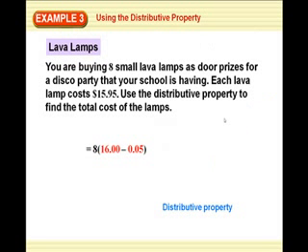Lava lamps. You're buying 8 small lava lamps as door prizes at a disco party that your school is having. Each lava lamp costs $15.95. Use the distributive property to find the total cost of the lava lamps. Now, one way to do it is to think of $15.95 as $16 minus 5 cents. That would get you $15.95. So to use your distributive property, you would take 8 times 16, which is 8, carry the 4, which is 128, minus 8 times 5 cents, which would be 40 cents.